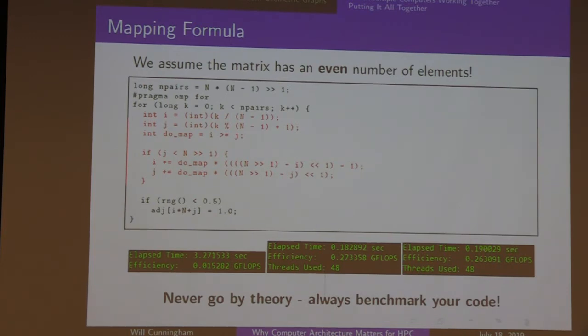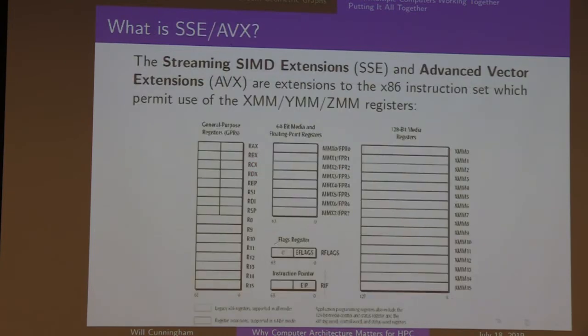Well, this is why it's important to benchmark the code. The reason this happens is because the operation that we're doing is not super expensive, and the access is still fairly regular, so the compiler is able to optimize some of this. So this is a good example of where you want to make sure that you test your code.